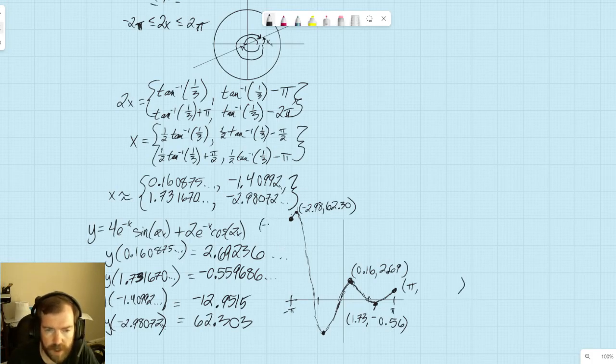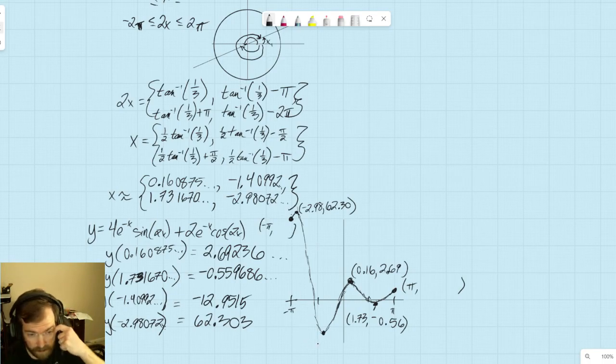This one is going to be negative pi comma something we don't know. And this one is our negative 1.41 by negative 12.95.